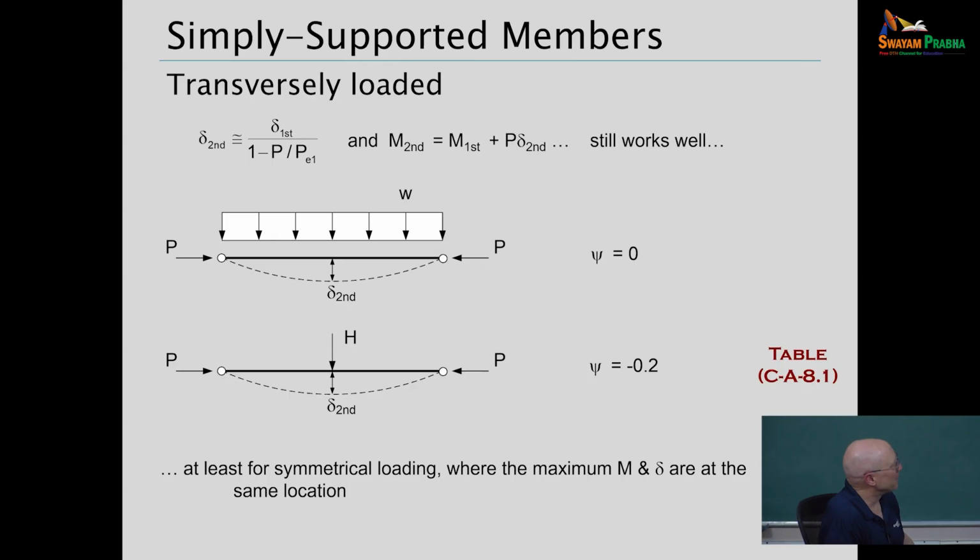For the concentrated loading case, you get psi equals minus 0.2. This is what usually happens with most situations using this formula for C sub m. You get a psi value that's negative, which means that your moment amplification is not as severe as your displacement amplification.